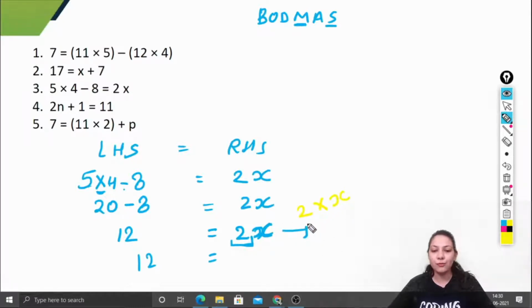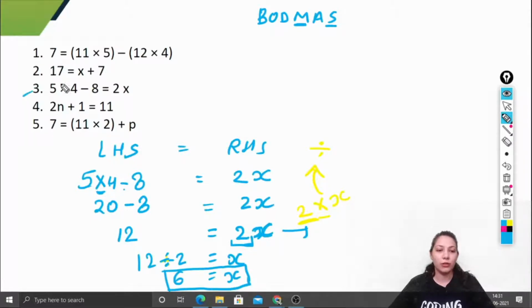If I shift the 2 to the other side of equality, then instead of multiplication its sign will change to division. Then 12 divided by 2 will give the value of x, and 12 divided by 2 is 6. It will be the solution of the equation or the value of x for this question. So I hope you understood.